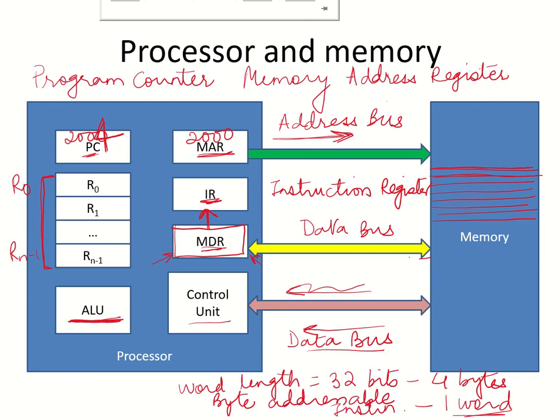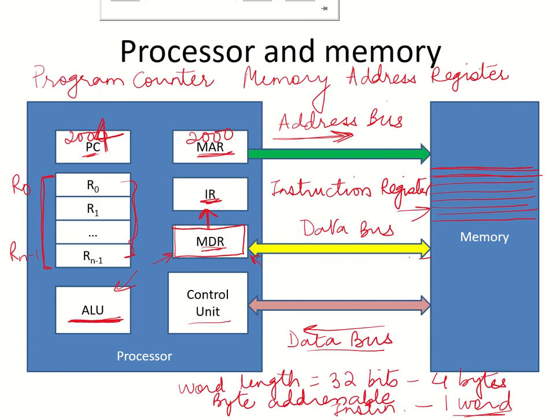And the operands that are required to be operated upon, whether that data is available in these registers or in the memory, will be taken to the arithmetic and logic unit, where that instruction will be executed, and the result will be stored either in these registers or in some memory location in the memory, and that will finish the execution of the instruction.